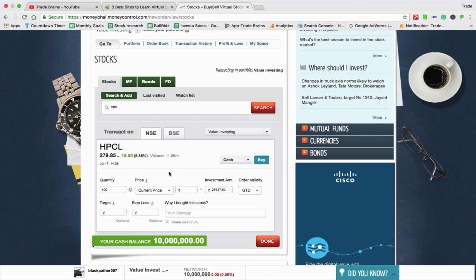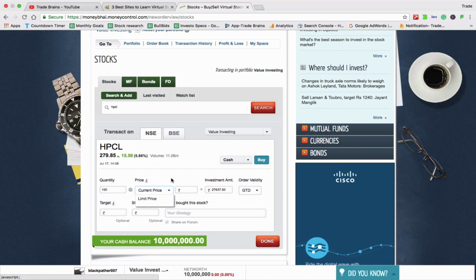Let's say while you are placing the order, it took some time, 15 seconds, a minute, something, and in that time the price moved from rupees 279 to 281 or 285. So this is not the amount that you wanted to purchase. It might be higher or lower. The price may even fall to rupees 275. Whatever the market price is, at that price you will buy that stock. So these are some pros and cons of using current price and limit price.